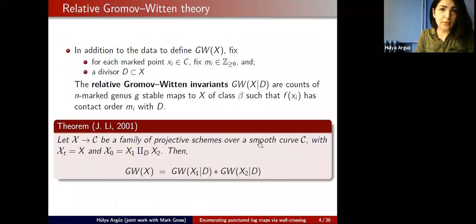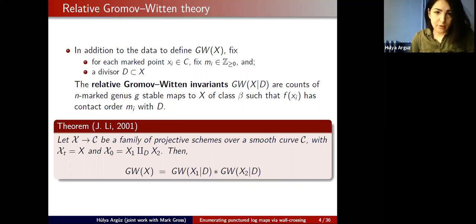What this means is, in addition to the data to define Gromov-Witten invariants of X, you fix for each marked point a non-negative integer m_i, and a divisor D in X. Then you can define the relative Gromov-Witten invariants of X as counts of n-marked genus g stable maps to X of class beta, such that f(x_i) has contact order m_i, which you had fixed, with the divisor D.